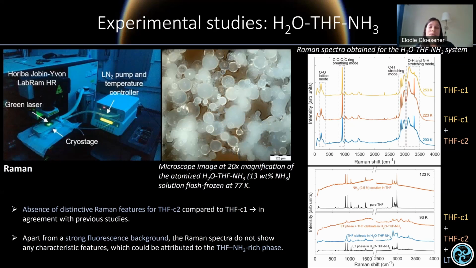And you can see that all the Raman spectra are similar. They all exhibit all the signatures that are consistent with THF clathrates in aqueous solutions of ammonia. So you can see here the lattice modes at the lower wave number region and the OH stretching mode region here that exhibits the typical ice-like signature of water molecules in clathrates.